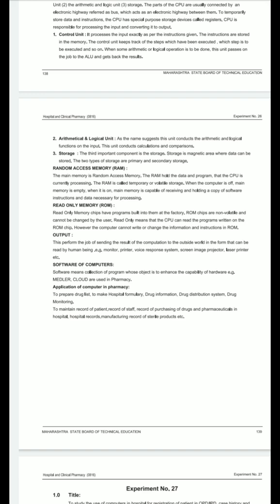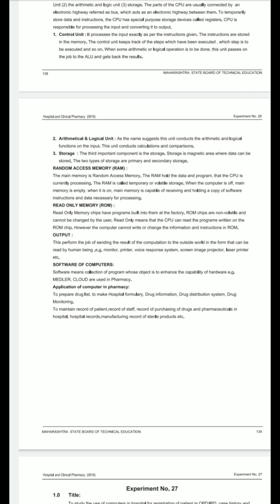When the computer is off, main memory is empty, and when it is on, main memory is capable of receiving and holding a copy of software, instructions and data necessary for processing.